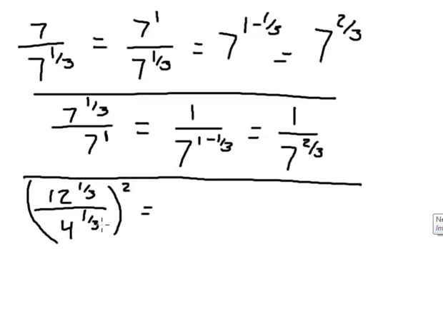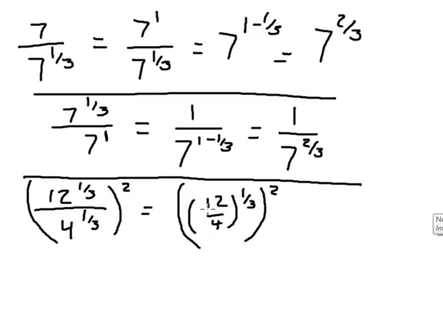But I do realize that both of these are raised to the 1/3 power. And I recognize that 12 is divisible by 4. So I think I'm going to get something easier if instead I write it as 12 over 4 to the 1/3 and that whole thing squared.